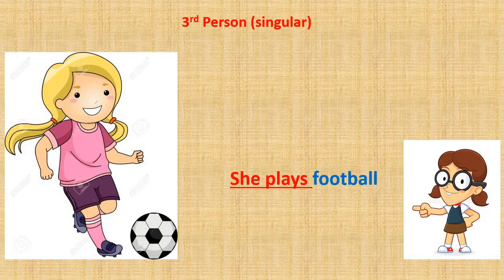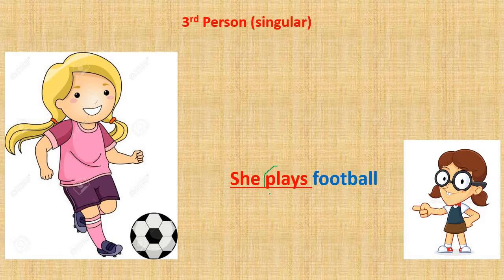Next section, third person singular. We can remember the third person singular forms are he, she, it or any name, right? And look at the example: she plays football.